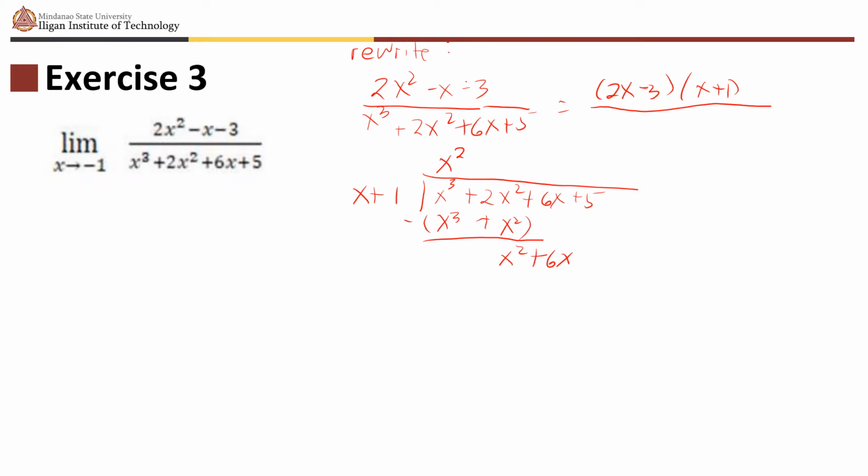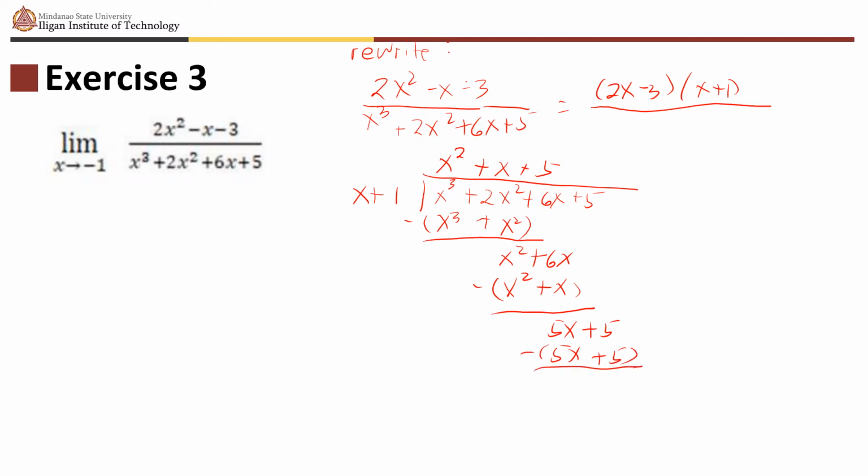Then again divide by x, so you will have plus x. x times x will give us x squared, and x times 1 will give us x. Then again subtract, so what is left here is 5x plus 5. If we divide this by x plus 1, we get plus 5, because you have 5x here, and 5 times 1 gives plus 5.